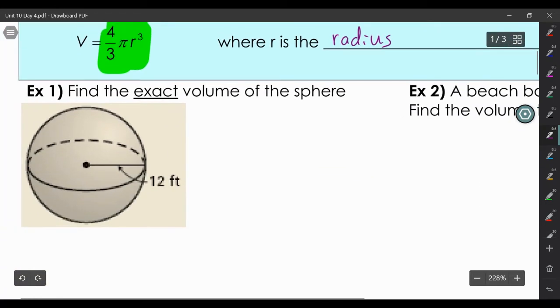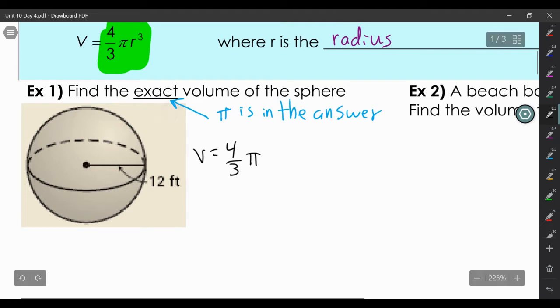First one, find the exact volume. Remember, when it says the word exact, that means pi is in the answer, or you can think of it as just the pi symbol. All right, the volume is going to be 4/3 times pi times the radius to the third power.